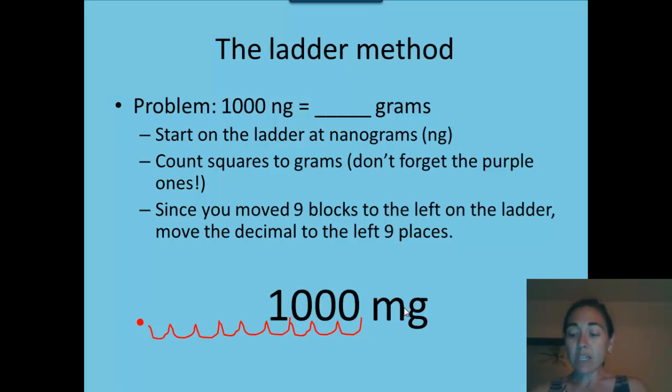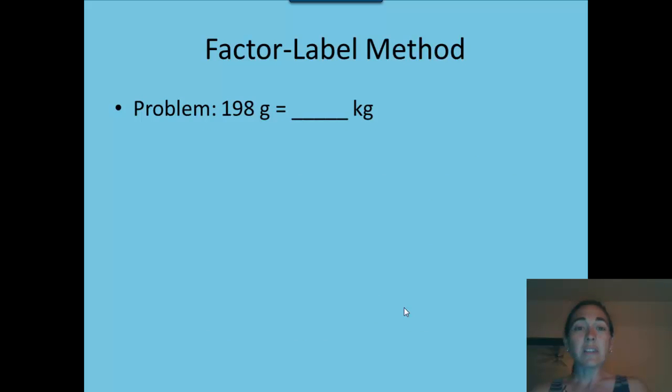Now we're going to look at using the metric prefixes, solving factor label style. Factor label is using a conversion factor. What we're going to do, always in a conversion factor, is write down what you're given. We are given 198 grams, and we want to find out how many kilograms this is. So we're going to set up a conversion factor.